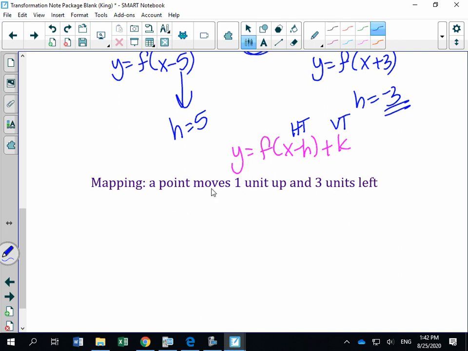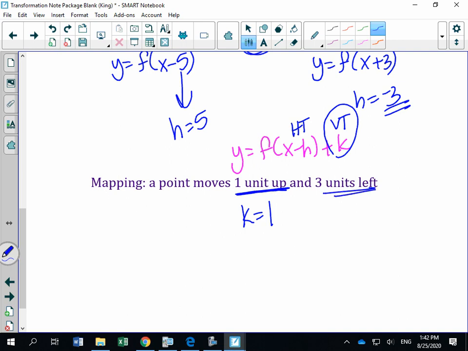So if I say a point moves 1 unit up, is that a k value or an h value? And I hope you are good now. 1 unit up is a k value, and my k value would be equal to 1. And then 3 units left.